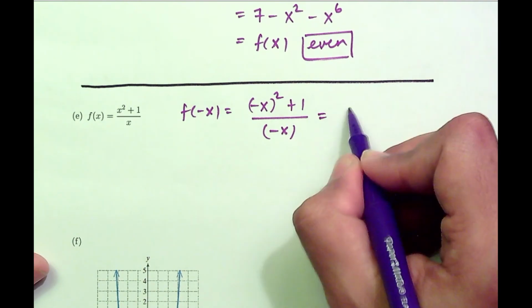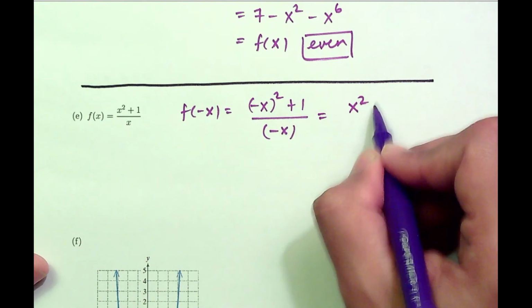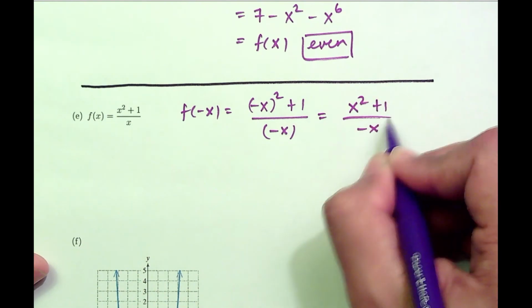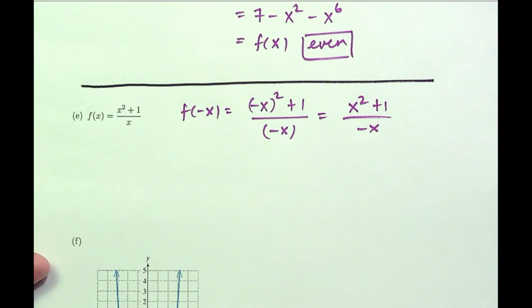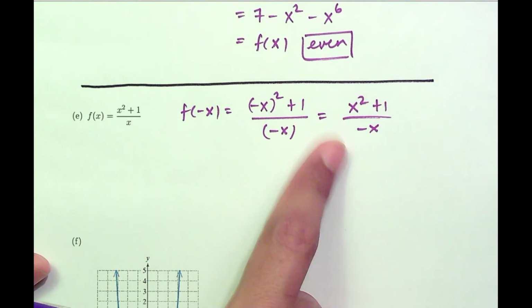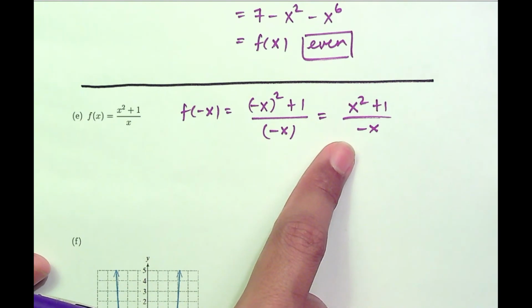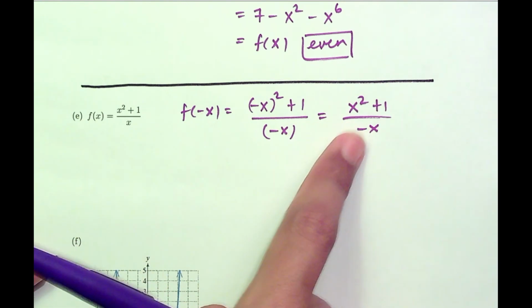This x squared is raised to an even power, plus 1 over negative x. We cannot simplify much more. Maybe we can move that negative around, but there's not much to do.